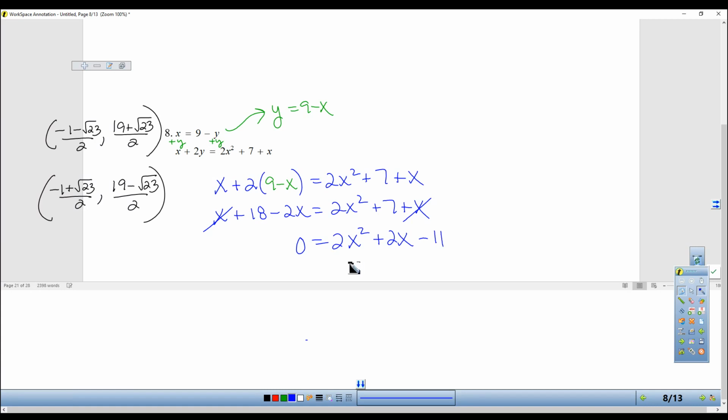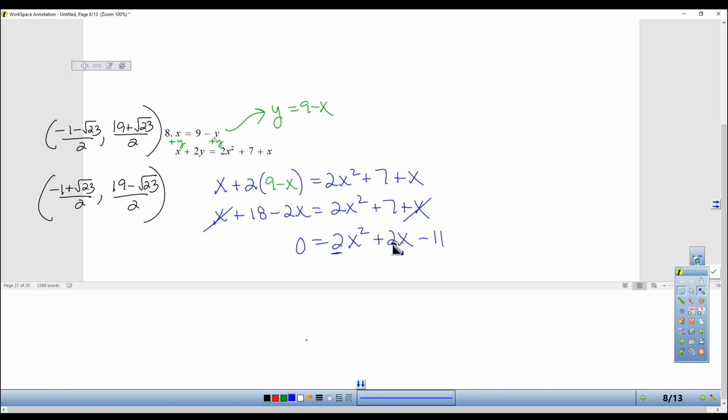I'm already not hopeful for factoring because this has to be 2 and 1, and the only choices are 11 and 1, which would make 11 and 2, which is 12 or 9. That's not going to work. Or 11 and 1, which would make 1 and 22, which also doesn't work. I need a 2 in the middle. So I immediately move to completing the square, but then I see I have an a.